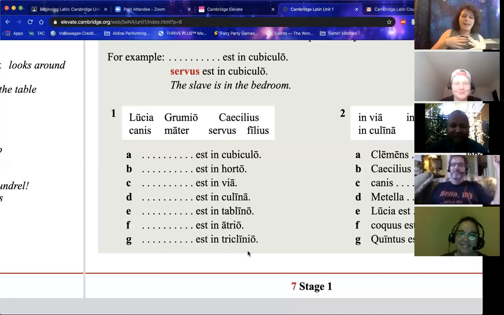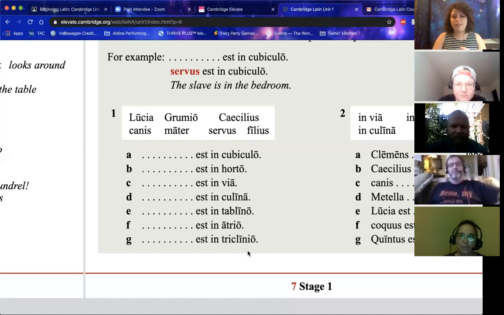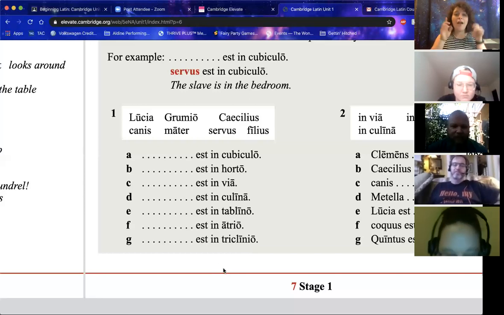Very good. Now we're going to get a little more abstract, but not really. So blank est in tablino. Coming back to Heather. Filius est in tablino. I think so. And what might he be doing in tablino? Feel free to look at pictures if it helps. I will give you a hint.